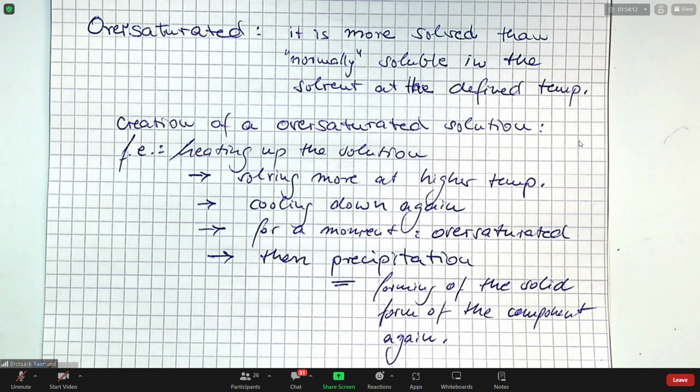So that's about solubility and solubility product.